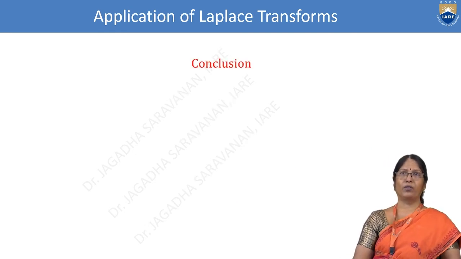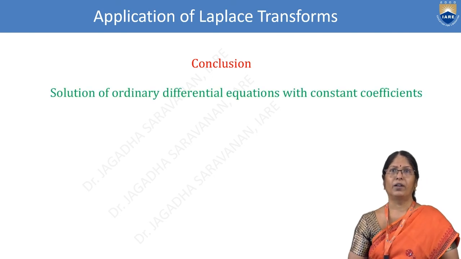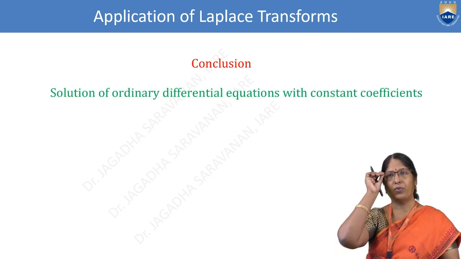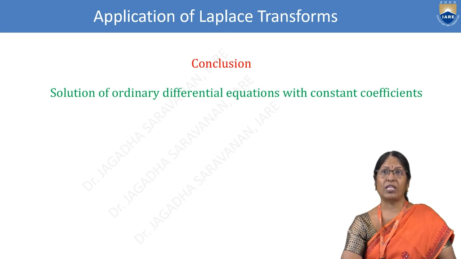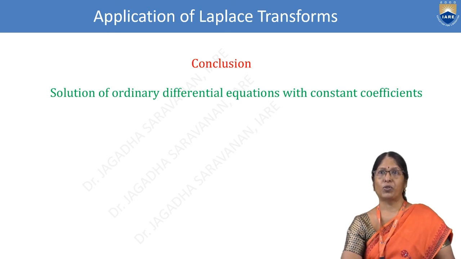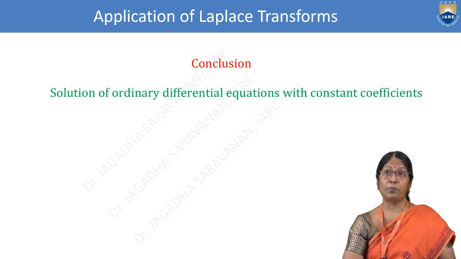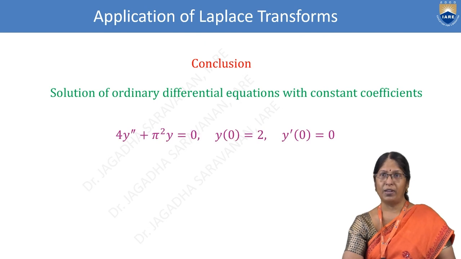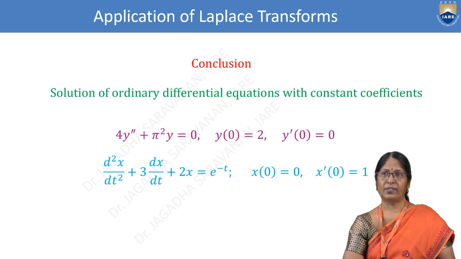So we will come to a conclusion about this topic. First, why we have to select Laplace transform for the application? Because if you do any other method, we have to adopt complementary function and particular integral. Those steps are to be done. But Laplace transform is the very easiest way. We concentrated on the first problem and the second problem also.